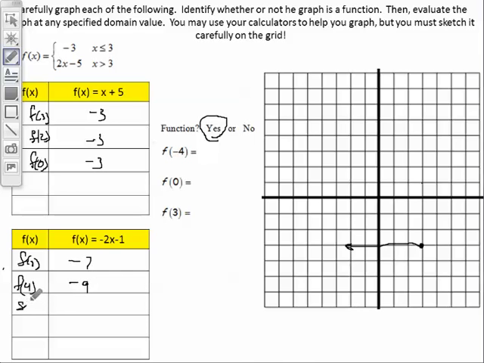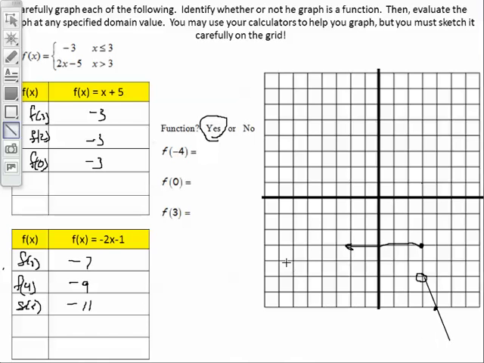At f of 5, I'm going to get 5 times -2 is a -10 minus 1 is a -11. So that means at 3, 1, 2, 3, -5, 1, 2, 3, 4, 5. There would be an open circle right there at 5. And at 4, it's going to be at -9. And at -11, it's just going to keep going that direction, isn't it? So my line is going to look something like that. So there's my piecewise function that I just graphed.